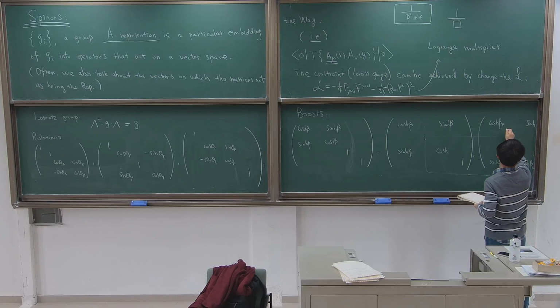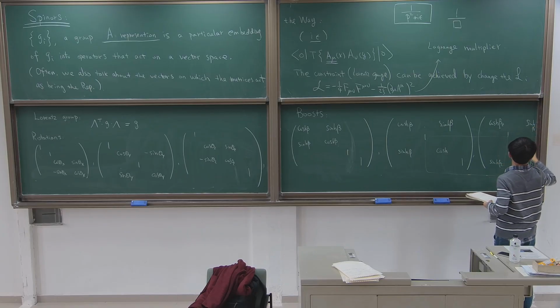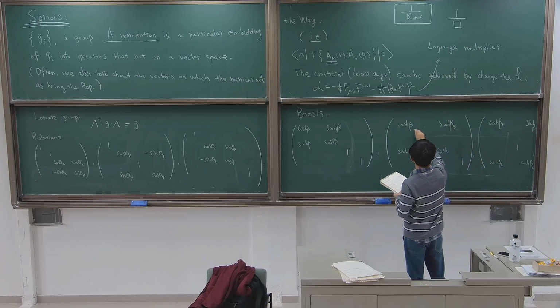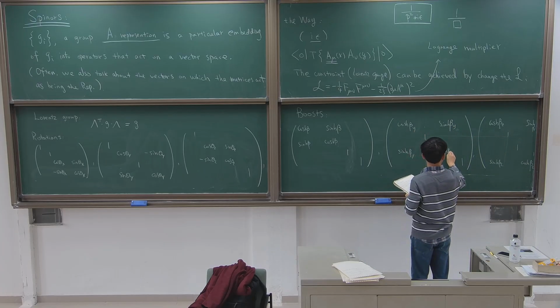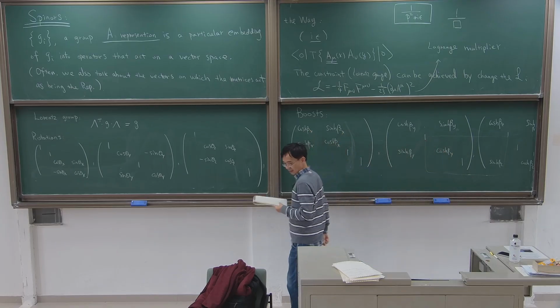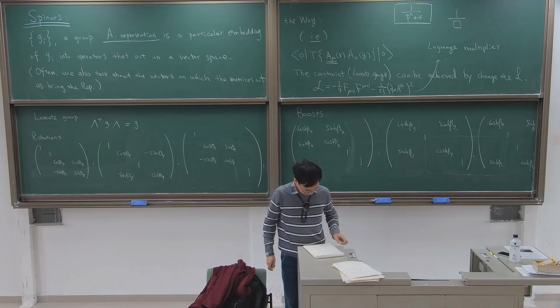This is beta z. This is beta y. And this is beta x. So these are the six matrices.